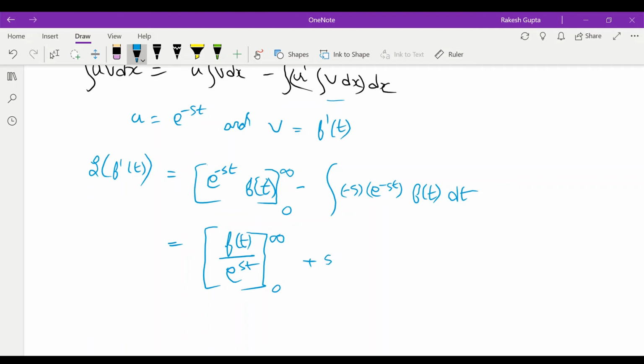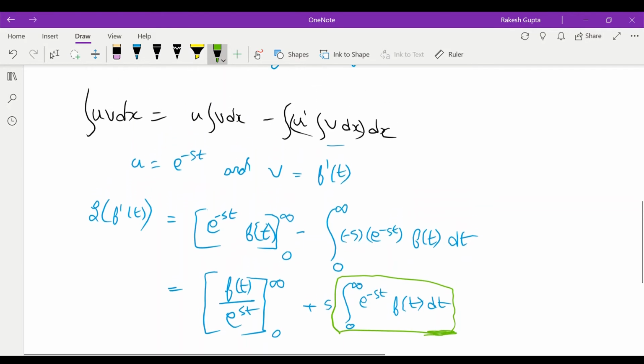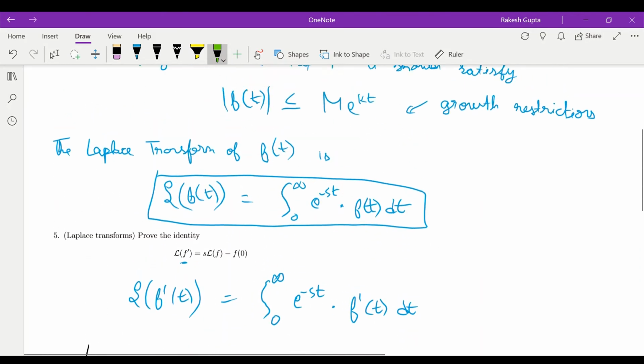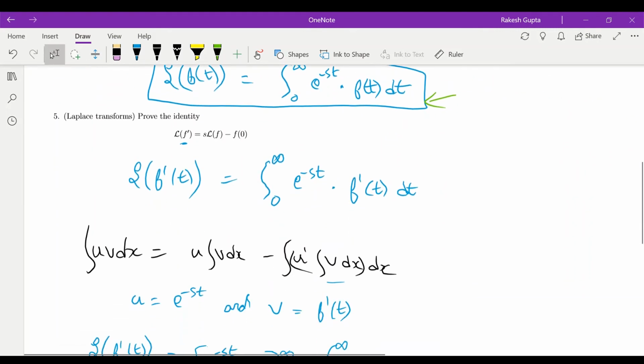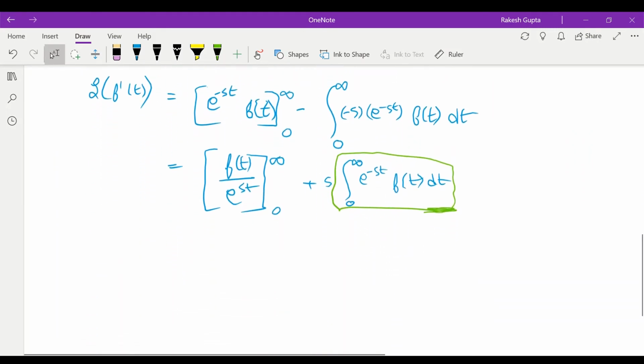Now we take s outside, multiplied with the integral of e power minus st f of t dt. Sorry, I forgot to write the limits, 0 to infinity. Now we know that this integral is actually this formula right here. So we can write this as the Laplace transform of f of t.